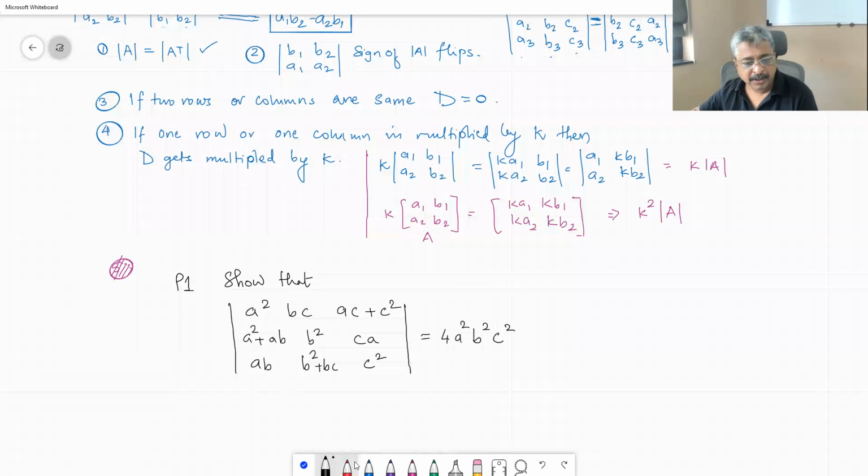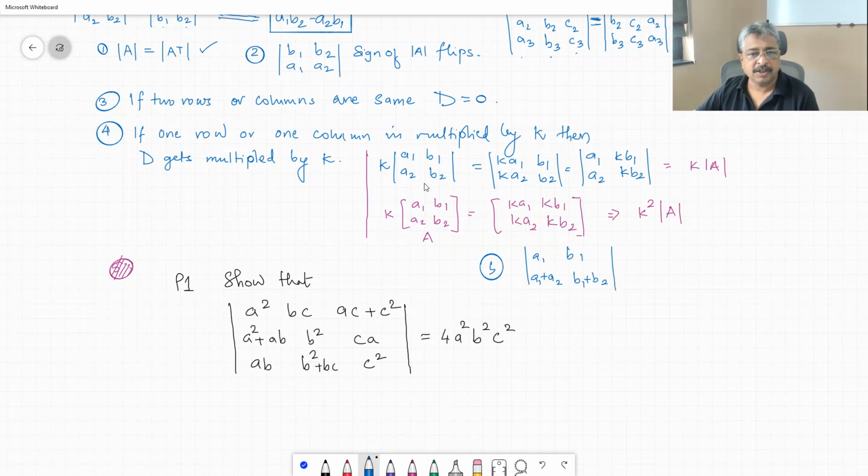Okay, one more property let us list over there. Suppose, fifth property, we keep a1 b1 the same and we write the second row as a1 plus a2, b1 plus b2. We just add the first row to the second. This is our first determinant A. Now we just add the first row to the second.